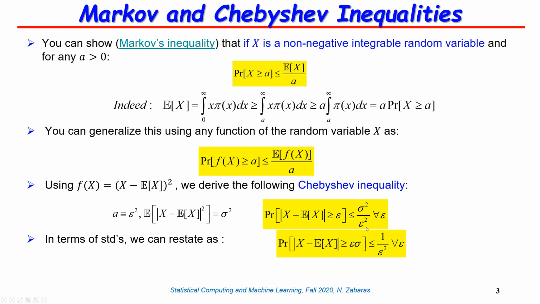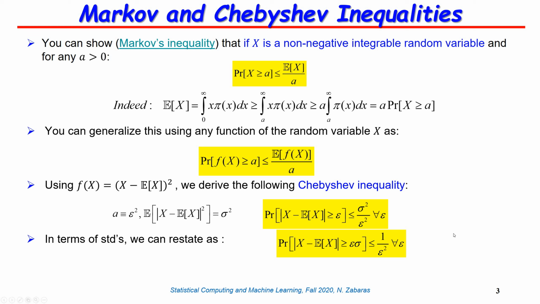If you put epsilon sigma in the denominator, sigma square and sigma square cancel, and you get 1 over epsilon square. So again, the probability of being away from the mean by a distance epsilon sigma, where sigma is the standard deviation of the distribution, is always less or equal to 1 over epsilon square.